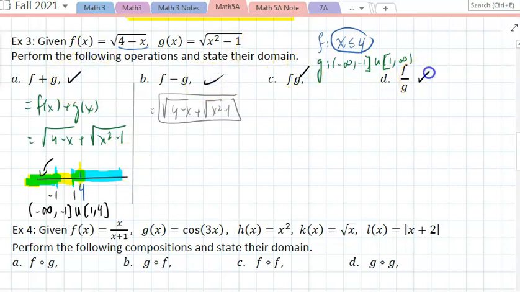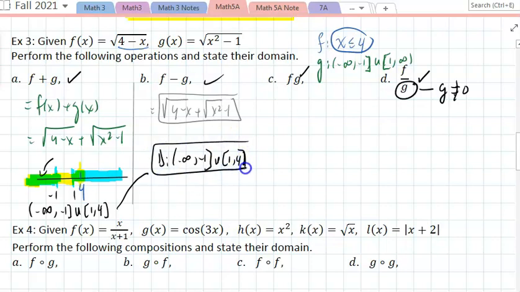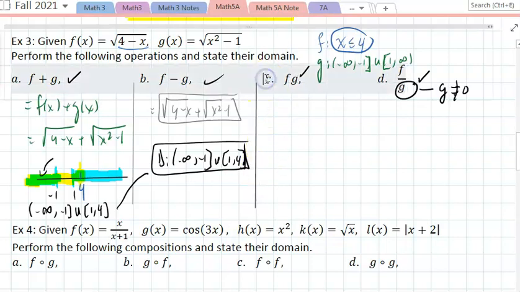And for the last one, it's the same except g cannot equal 0. So the domain, I automatically copy it down: negative infinity to negative 1, union with 1 to 4. So I only need to find the domain once for f plus g, f minus g, f times g. F divided by g, I have to modify just a bit.